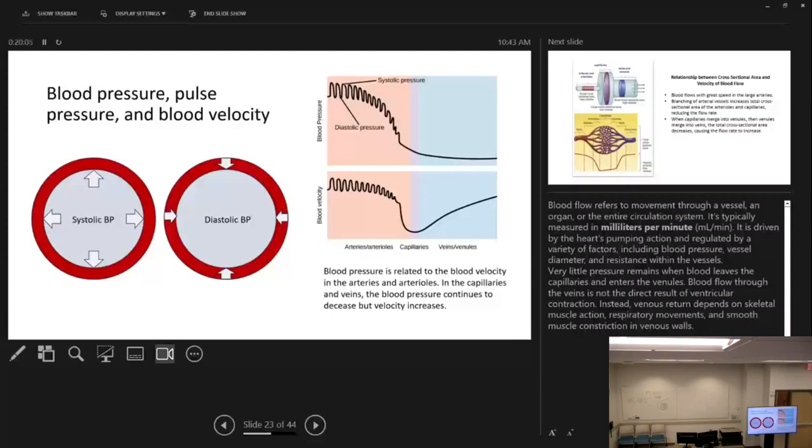Imagine that you have the systolic pressure and the diastolic pressure, and you could calculate them in the entire circulation: carotids, brachial, radial, femoral, different arteries, and calculate the average of all those blood pressures.